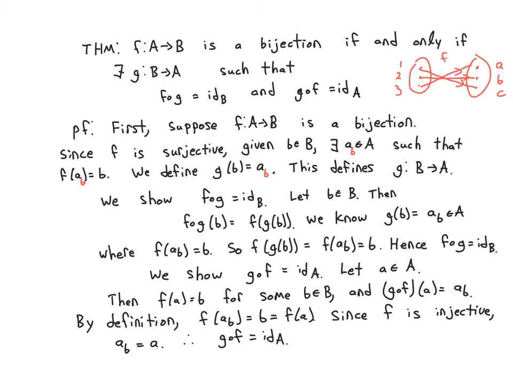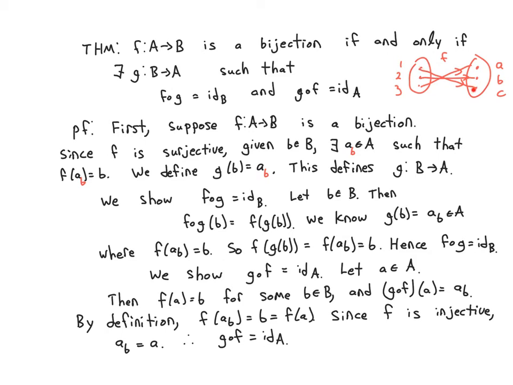So the point is, you want a function such that when you do the composition, you get the identity back. Let's focus on this side. So f sends 1 to C. I want to figure out where to send C so that when I do f composed with g, I get back to 1. So f composed with g of 1 should be 1.